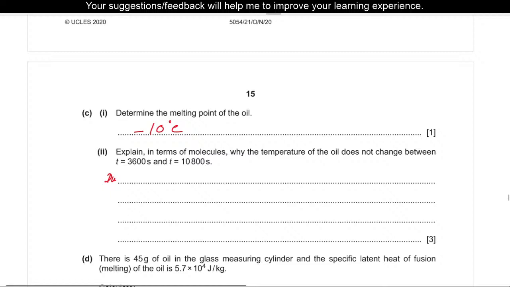So we will write: during this time the change of state occurs. The potential energy of molecules is decreased.